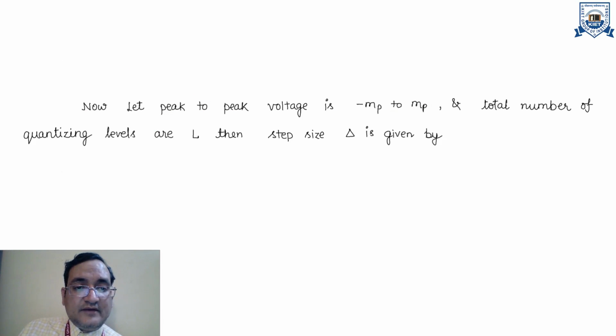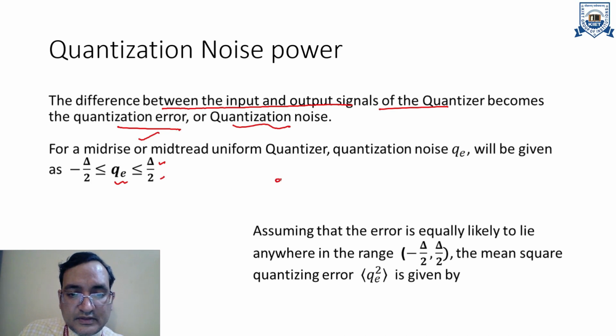So the mean square value, which is the quantization noise power, will be equal to the expectation of QE square.